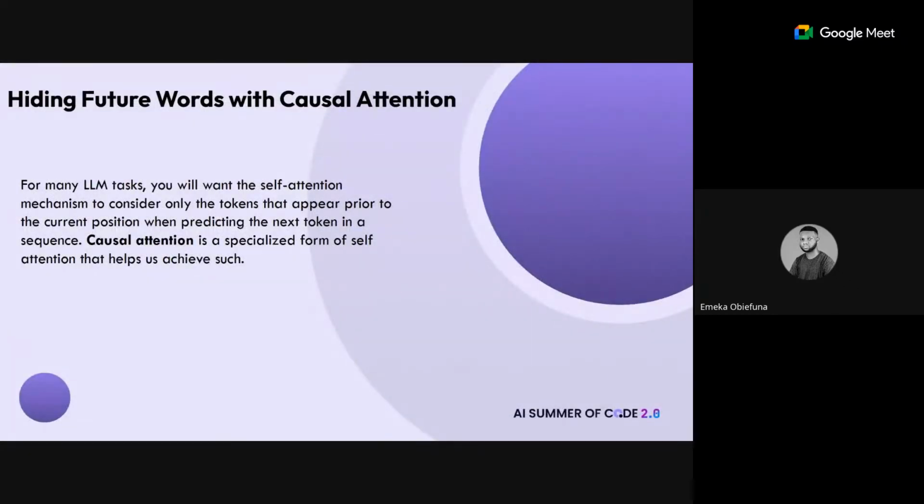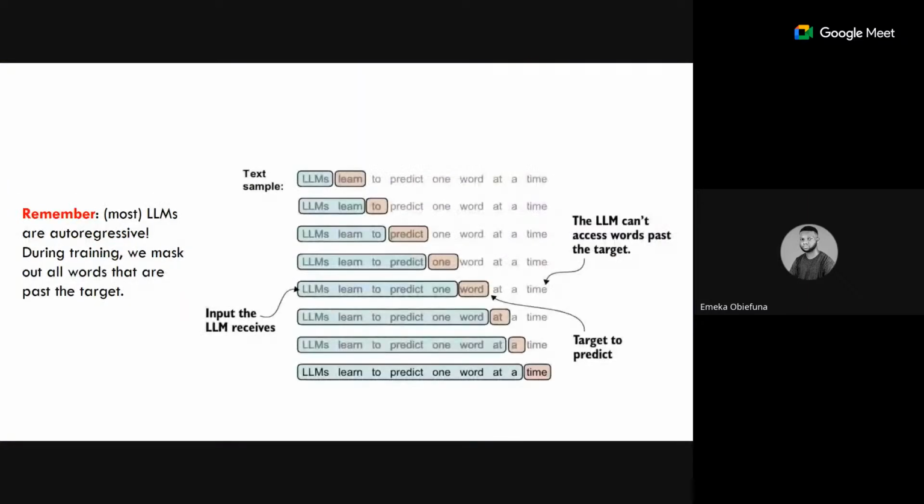So let's look at what exactly this causal attention is all about. Like I said, this is how your LLM makes predictions. If you were in my first section, you most likely have seen this image before. For example, you want your LLM to perform text completion.